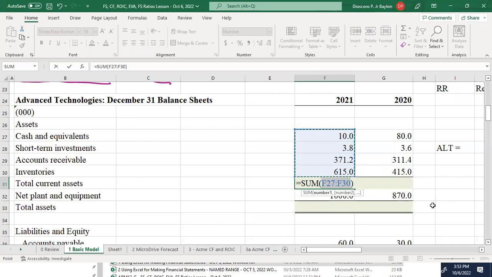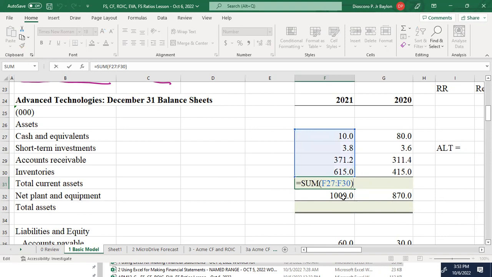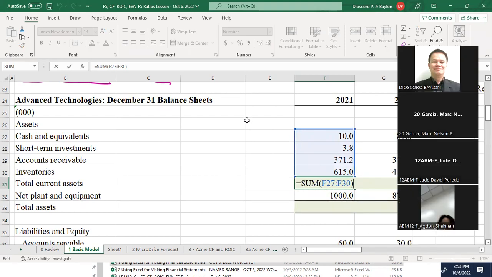And then what do you do usually? You would press enter, right? If I press enter, where did the active cell go? It went down automatically. Do I want my cell to be here? No, I want my cell to still be here because I want to copy this formula to the right. So this is the formula. Do not press enter. Rather, press control enter.